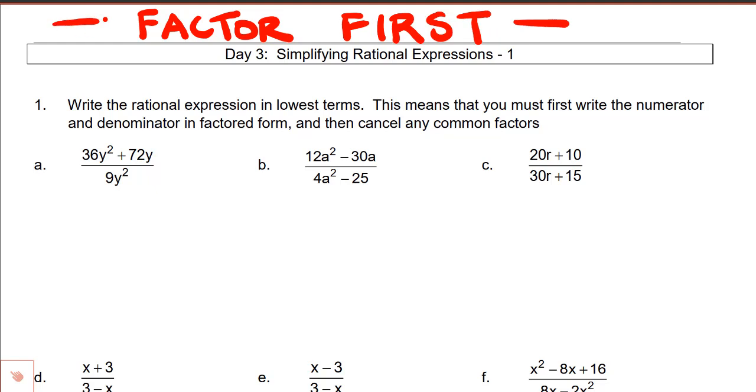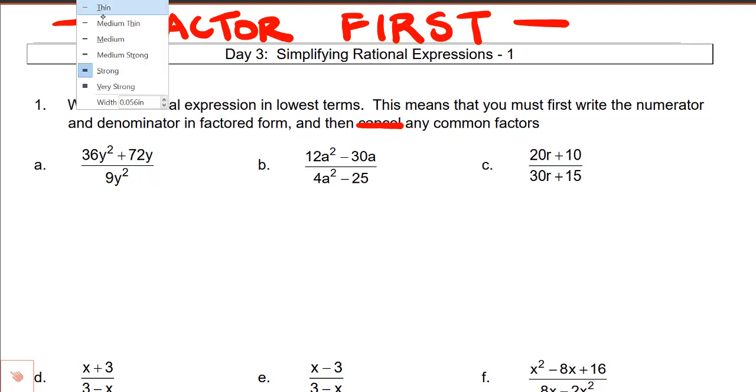Nice, big, red, chunky letters. And cancel will cause you so much trouble in this unit, so don't even think about it. Okay? So here's what I want you to see next.